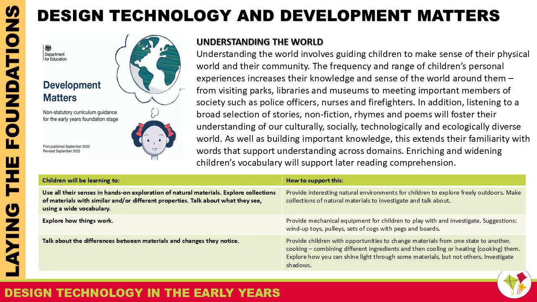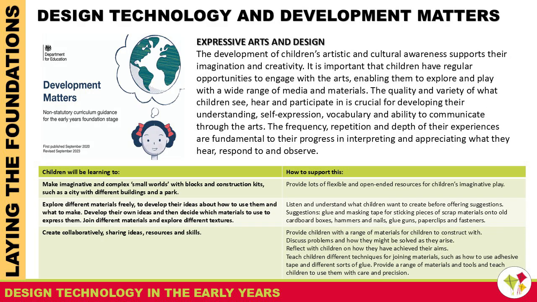And guidance to promote children's understanding of the world around them. And the development of children's artistic and cultural awareness and how this in turn supports their imagination and creativity.